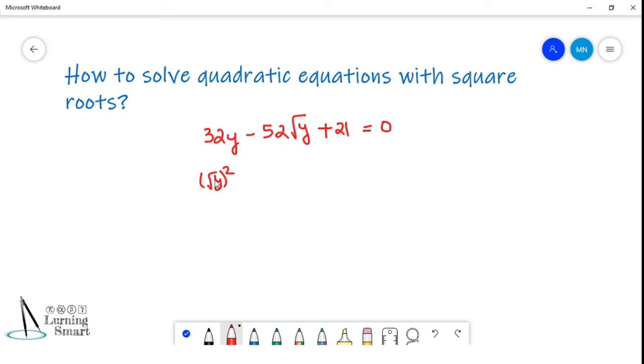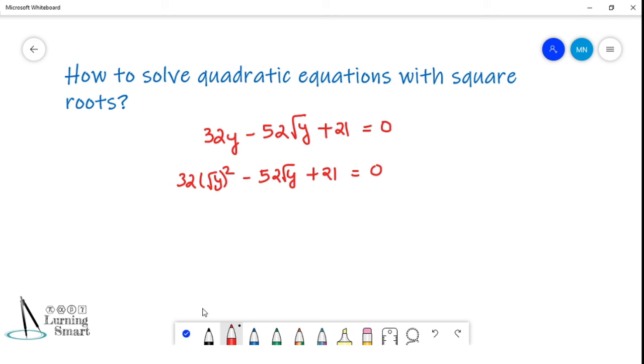Y can be written as root of y the whole square. Rewriting the whole equation, you get 32 multiplied by root of y the whole square minus 52 root y plus 21 equal to 0. Now this is a quadratic equation in root y.